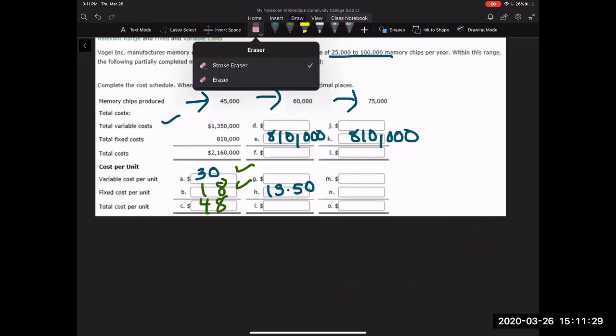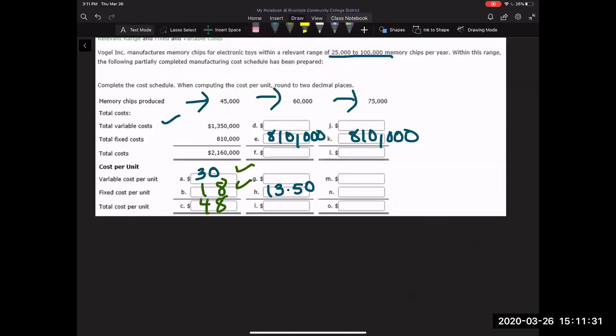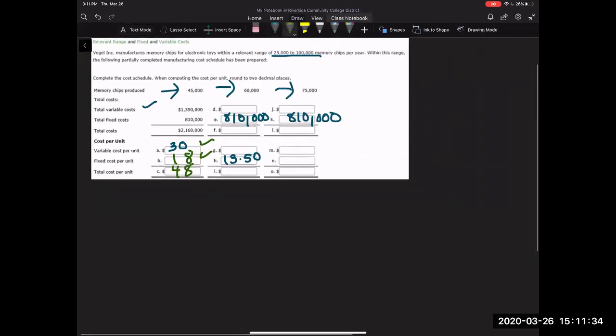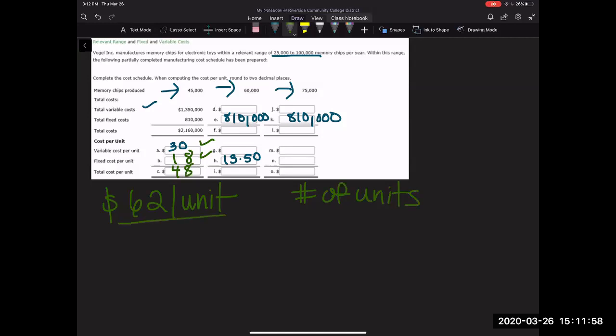Thinking back to when we were talking about taking a class at Norco, we said the cost of taking a class at Norco was $62 per unit. No matter how many units we take, the cost per unit will always be $62 per unit, right?